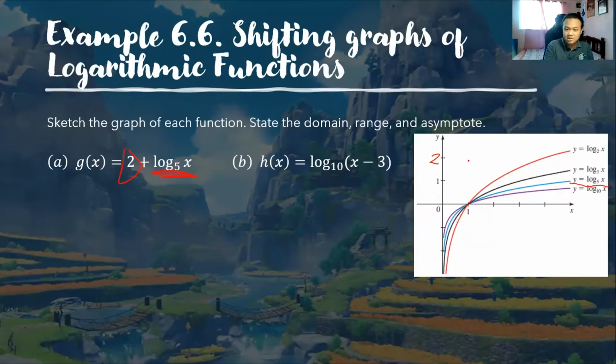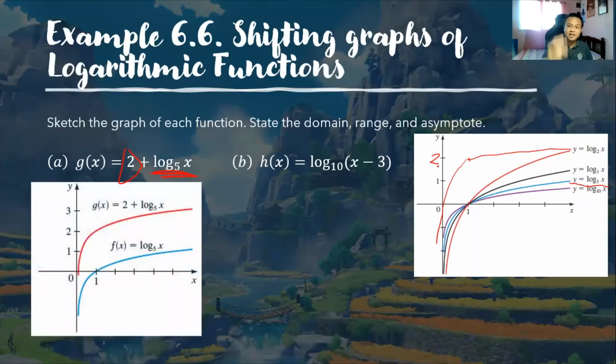So 1 becomes 3, and 0 becomes 2. Something like that. If we look at it in the graph, we have something like this. So it's just a shift of 2 units upward.